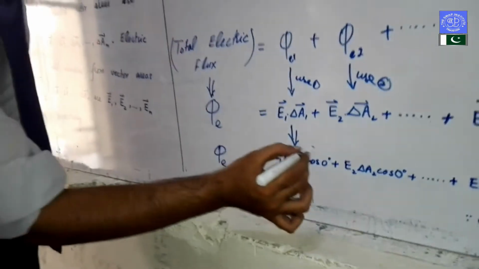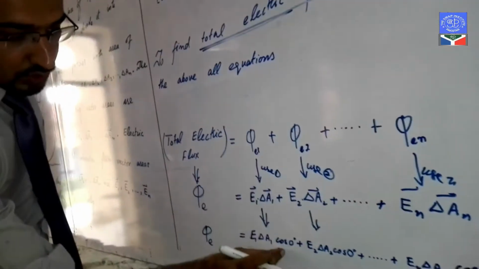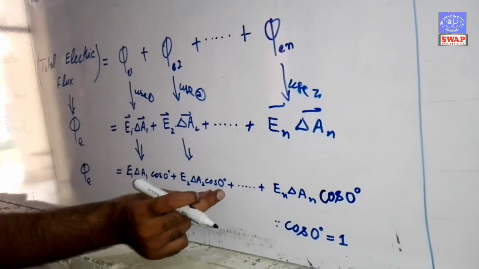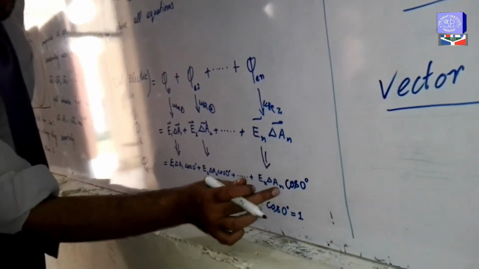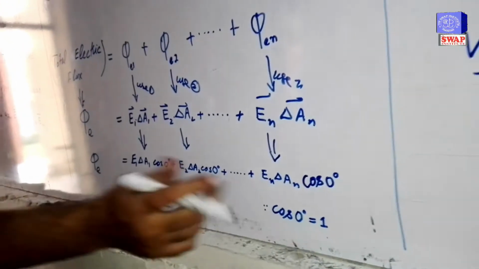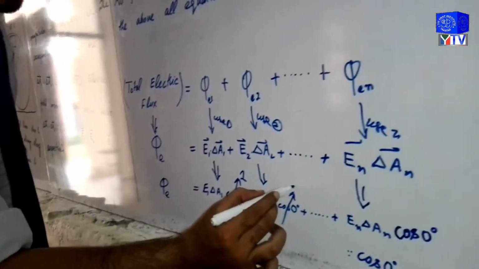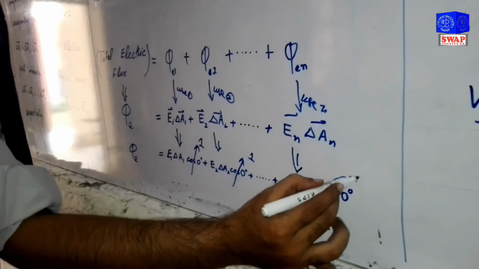Just opening the dot product, we will get E1 delta A1 cos 0 degree, E2 delta A2 cos 0 degree, and En delta An cos 0 degree. And cos 0 degree is equal to 1, so each of these will give us 1.